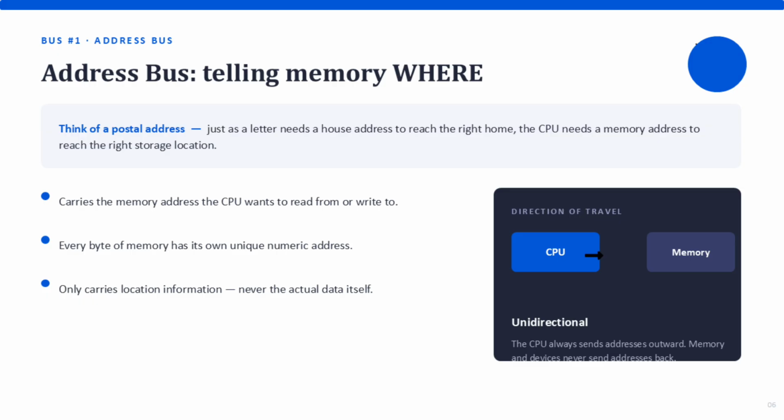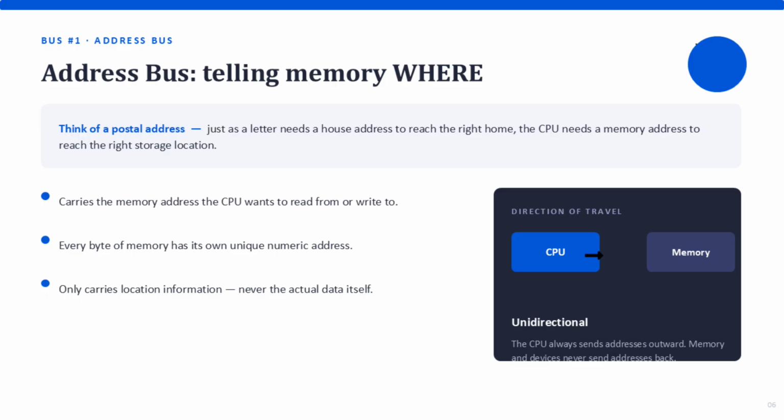Another important point is that every byte of memory has its own unique numerical address. This allows the CPU to access any required location quickly and accurately. Now let's talk about the direction of communication. The address bus is unidirectional.